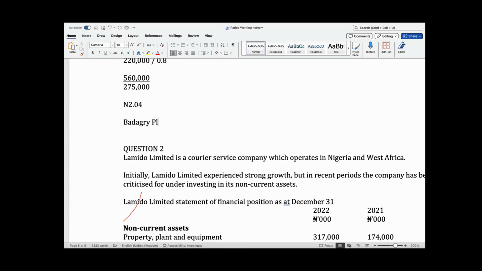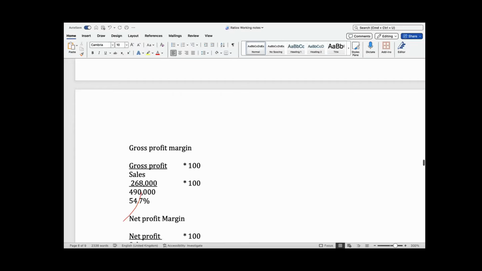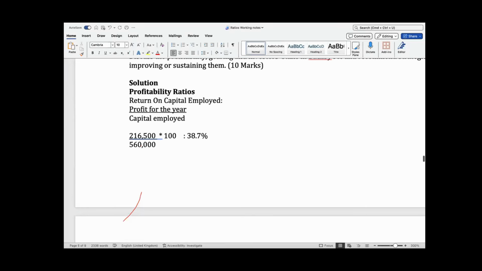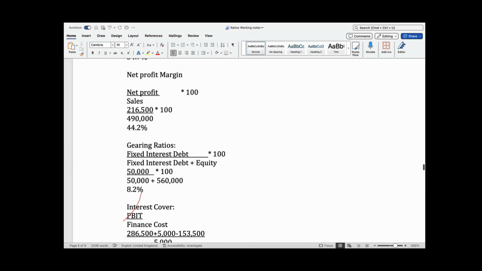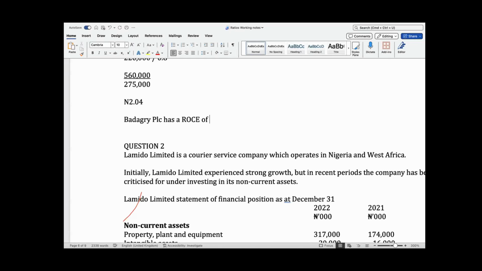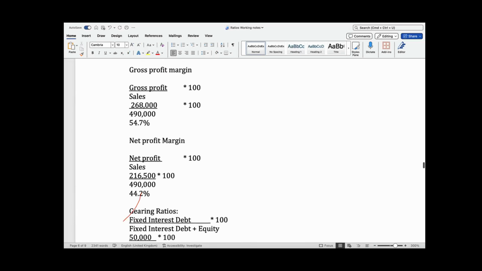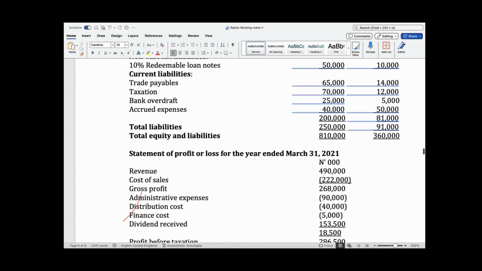I'd say Badag PLC has a ROCE of 38.7%. What is the cost of capital?